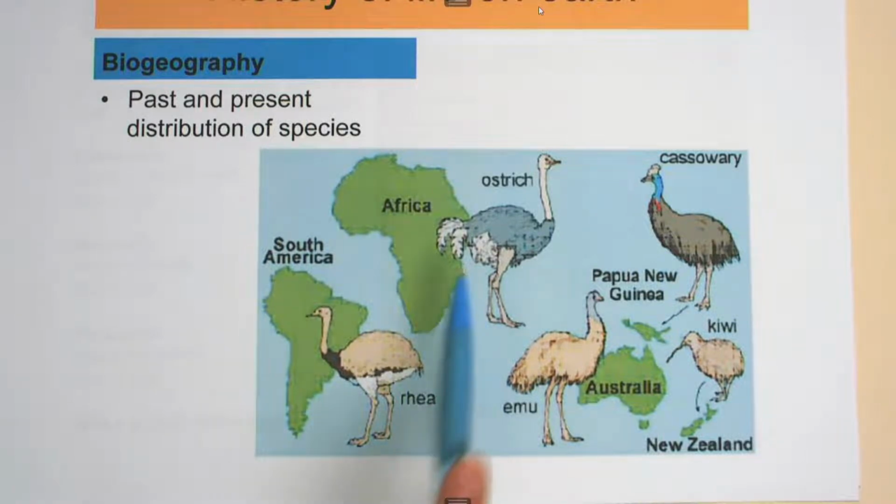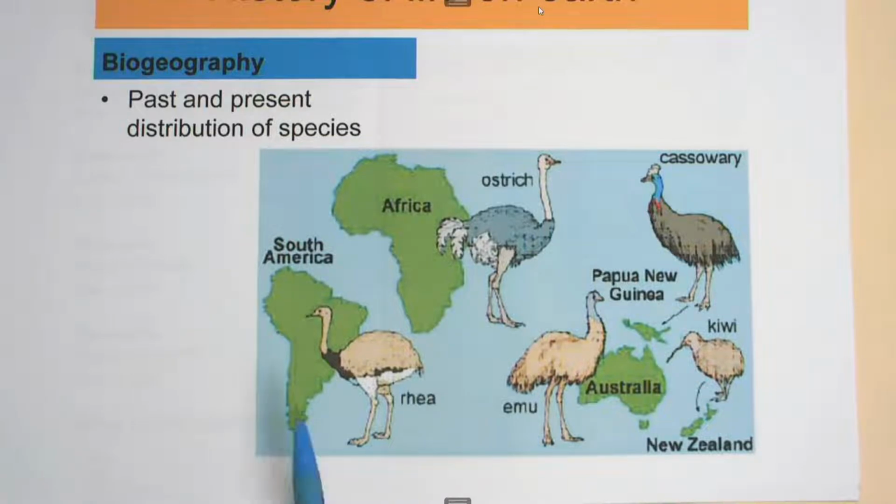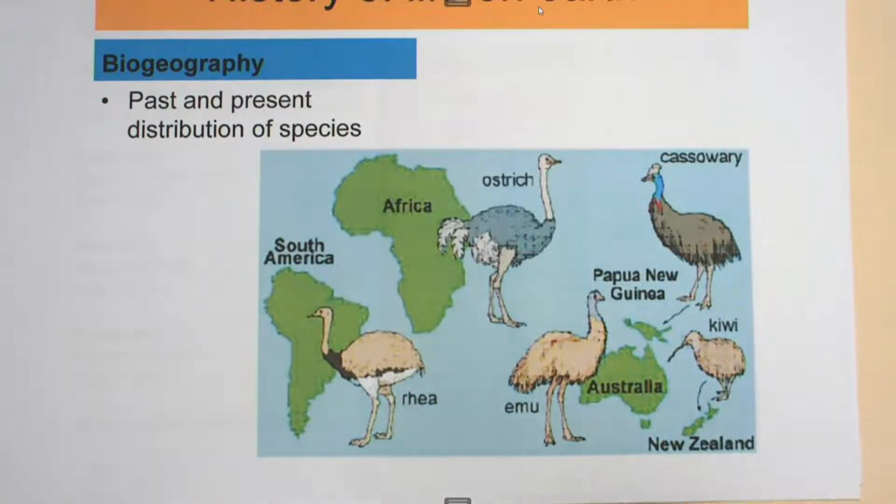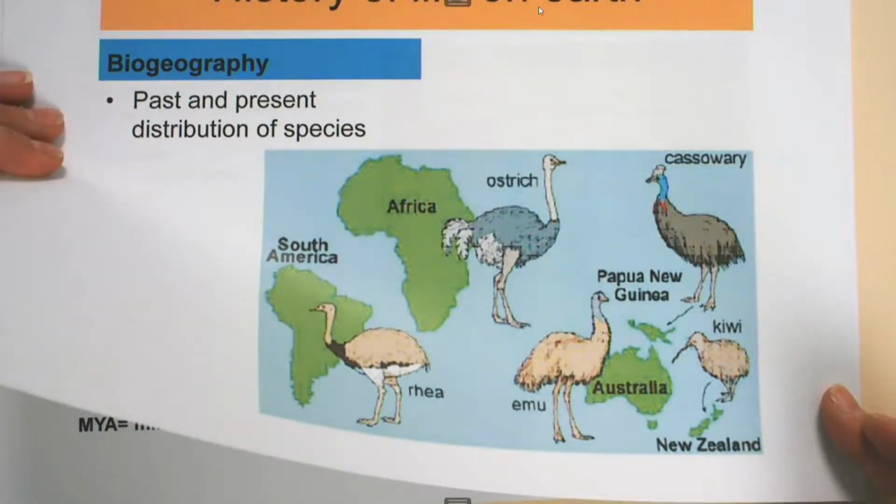You know the ostrich that we have in Africa, the rhea in South America, the emu in Australia, the kiwi in New Zealand, and in Papua New Guinea we have the cassowary. All of them are flightless birds, and they share a common ancestor, but it shows us that there are similarities. Okay, it's part of the history.